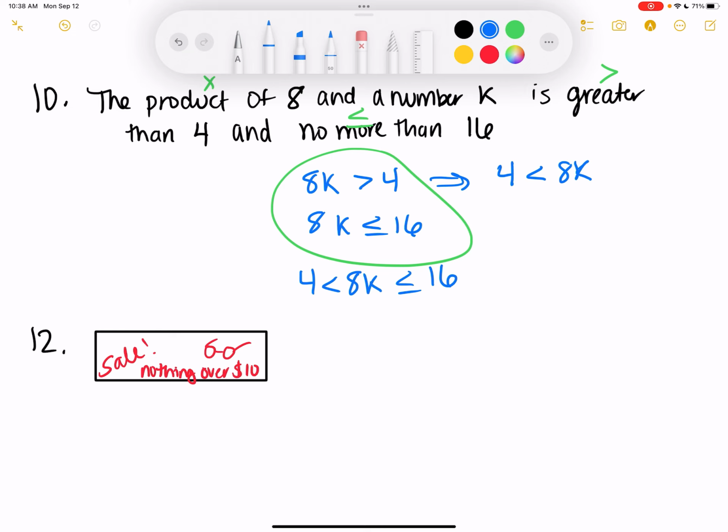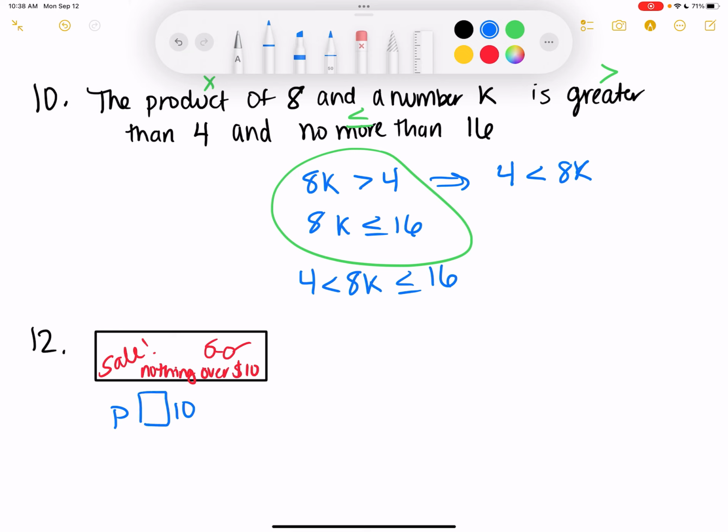If I wanted to write this, they want you to use the price P in dollars, so it would be P and then we're filling in this blank here. Let me draw it as a little box so that it's not confusing.